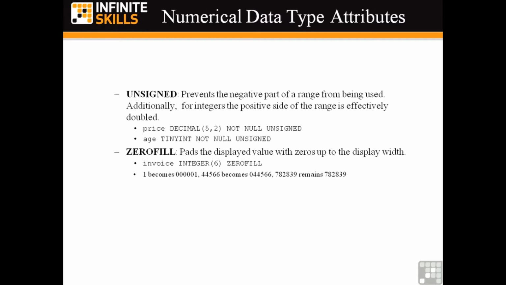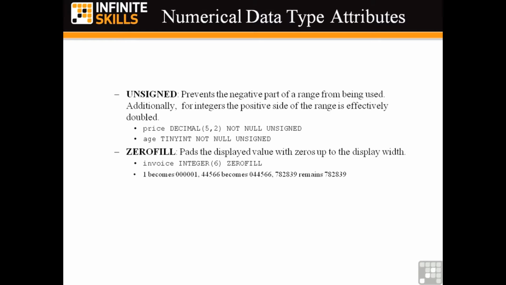You can also use the zerofill attribute, which will pad the displayed value with zeros up to the display width. So the invoice example presented here uses zerofill in conjunction with a display value passed into the integer type definition to determine how many zeros should be placed in front of an integer number, which doesn't by itself consist of, in this case, 6 digits.